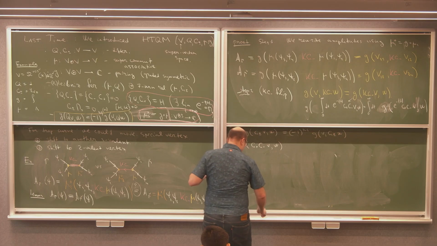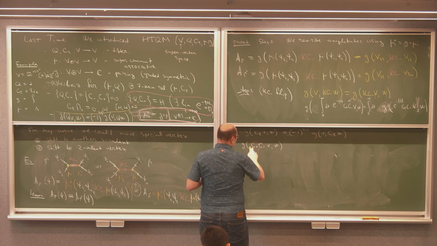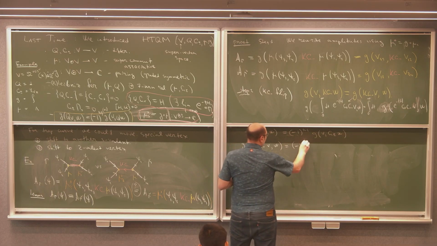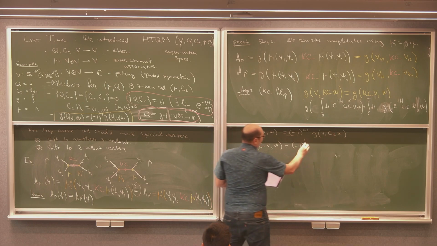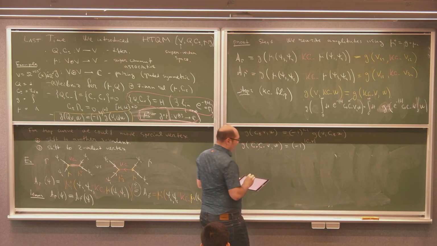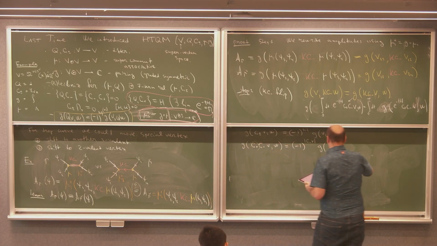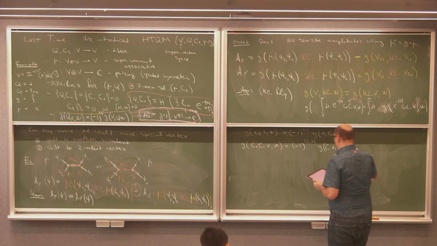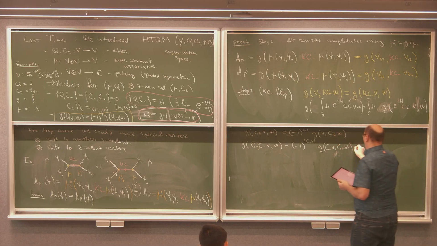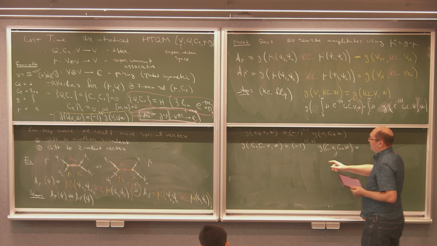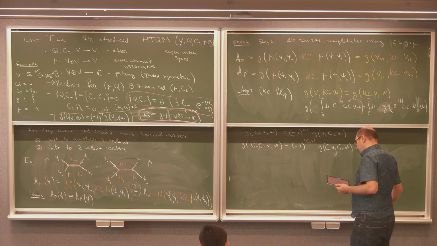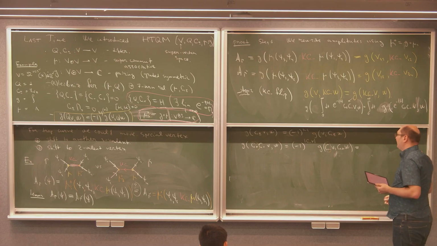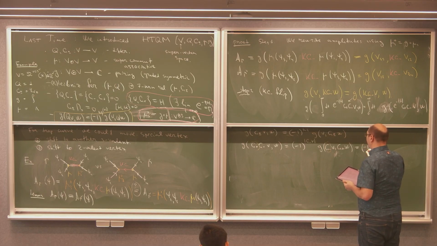Okay, so first we need to move this g plus around, and it will be minus 1 to the parity of the other argument, which is the parity of g minus v. And here will be the pairing of g minus v with g plus w. And now we perform the same operation, moving g minus from the first argument to the second argument, so it will be minus 1.